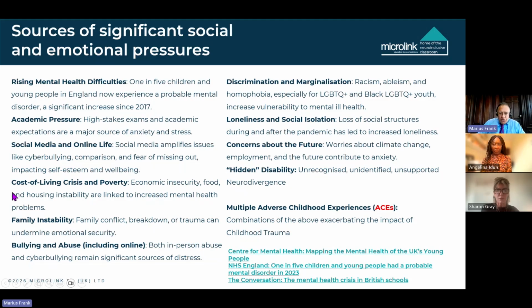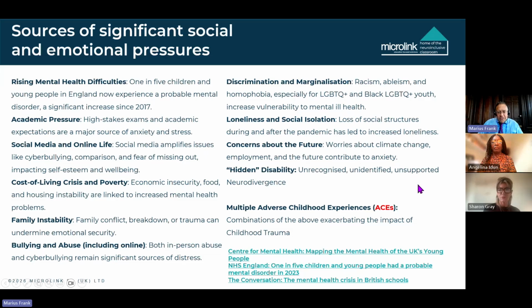Exacerbated, of course, by social media and online life. But let's not think that our children are immune from knowing about the cost of living crisis, the impact of poverty, bullying and abuse they could get, discrimination and marginalisation, the impact of international war on communities and the way we communicate that to children.